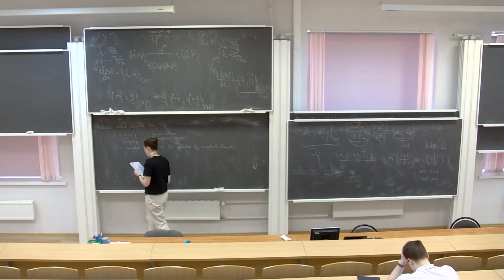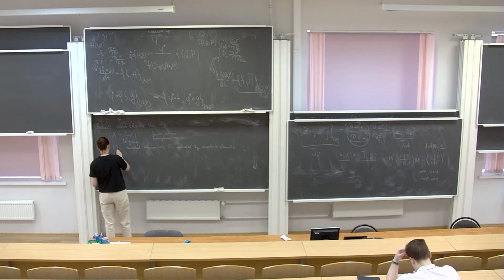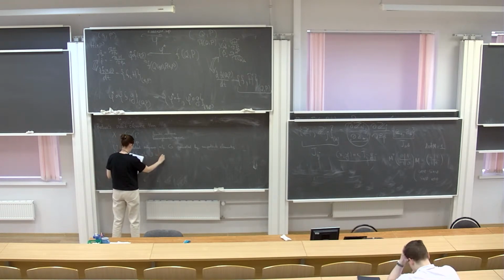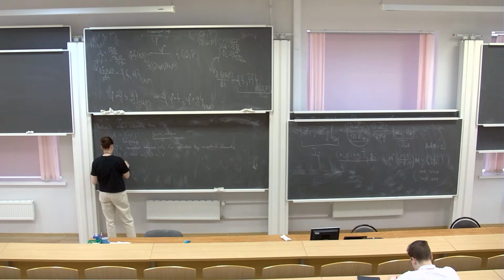So we consider an orbit of U in X. And then the closure of this orbit is necessarily a homogeneous space of finite volume.